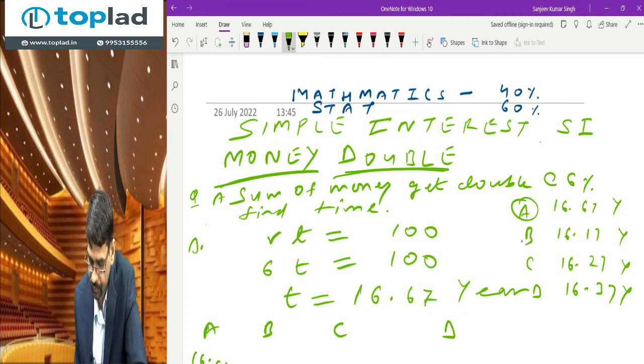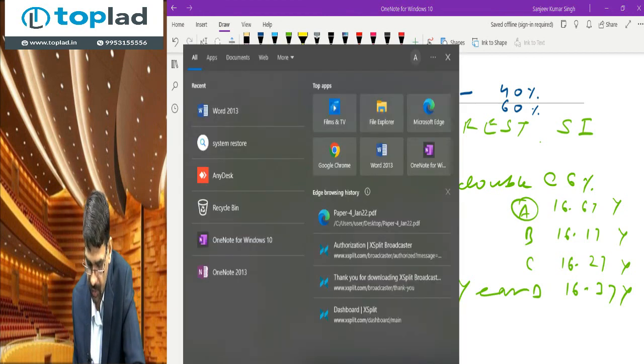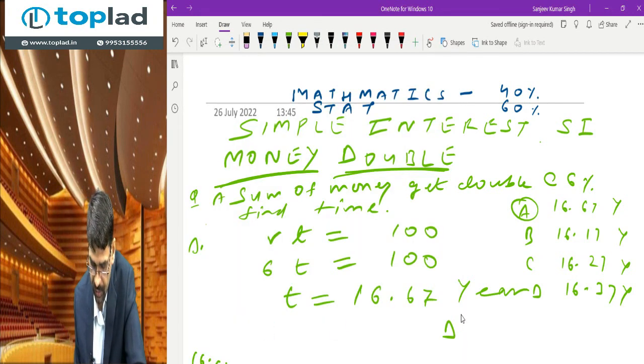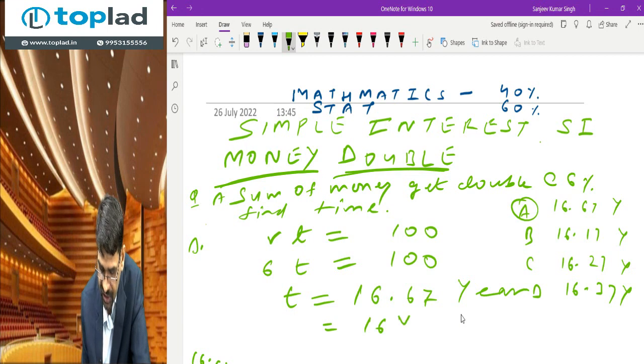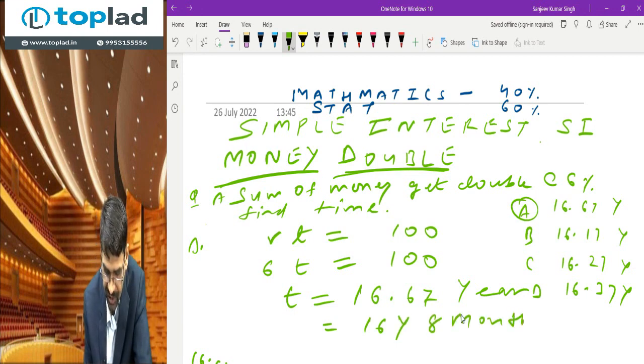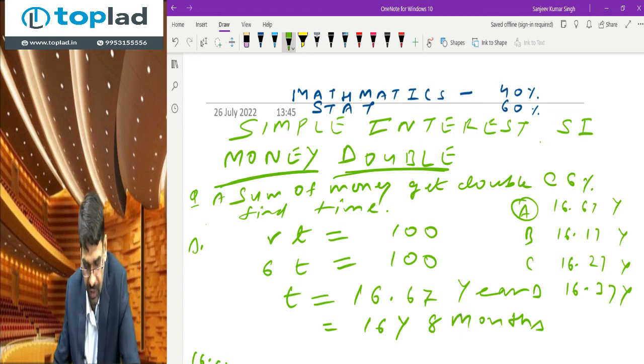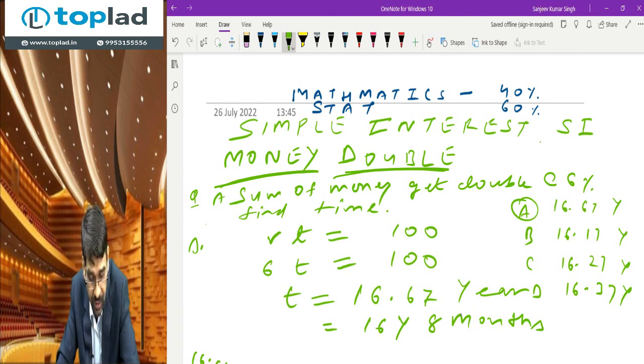In the examination, you might see 16.67 written another way. We can also write 16 years 8 months. In 16 years 8 months we get the double amount at the rate of 6%. If you have 1 crore rupees, you will get 2 crore rupees.